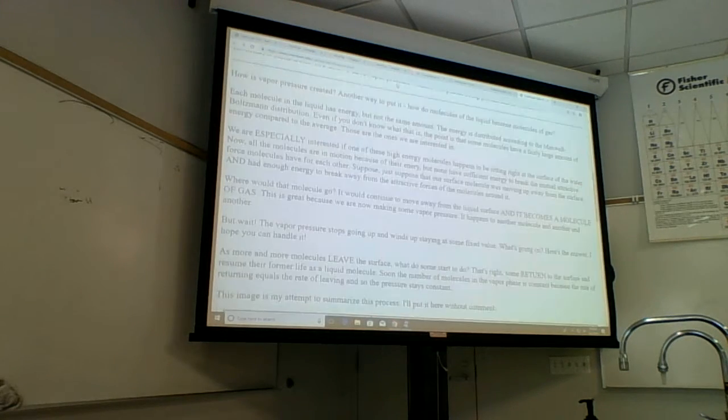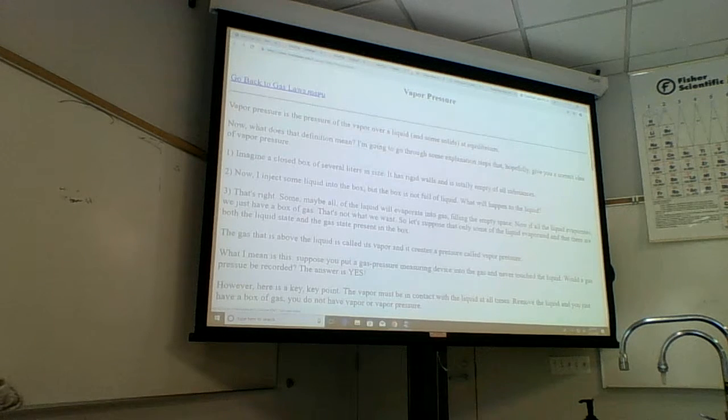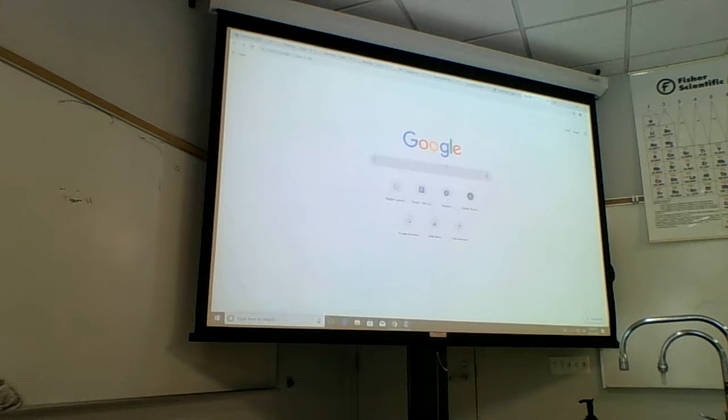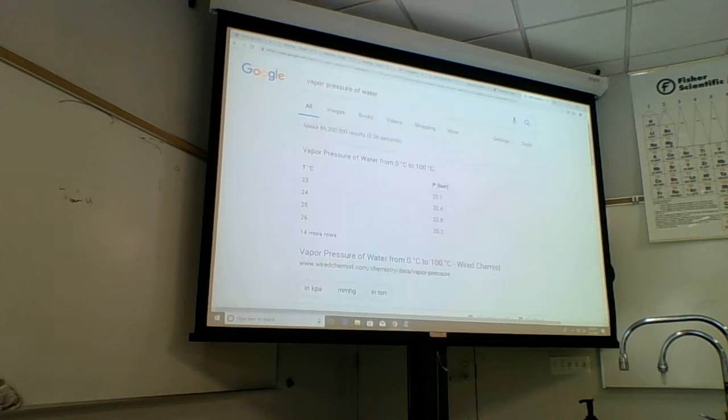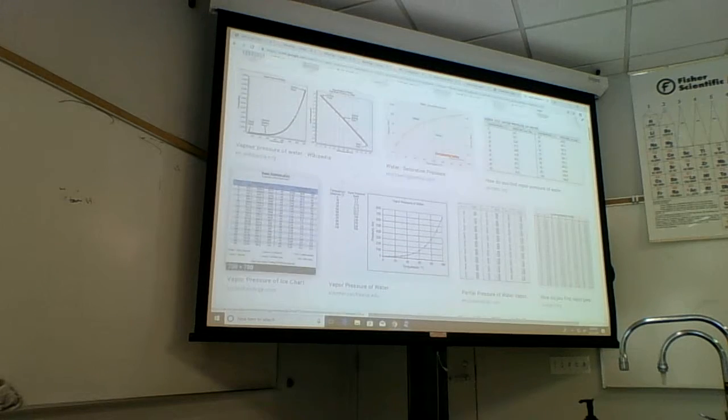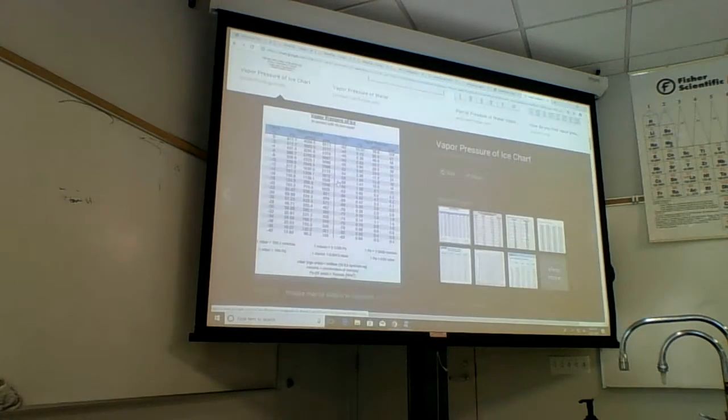And so we can determine this by taking measurements and then compiling that data into a table. So if we look at vapor pressure of water, we get a table like this, or we can graph it.